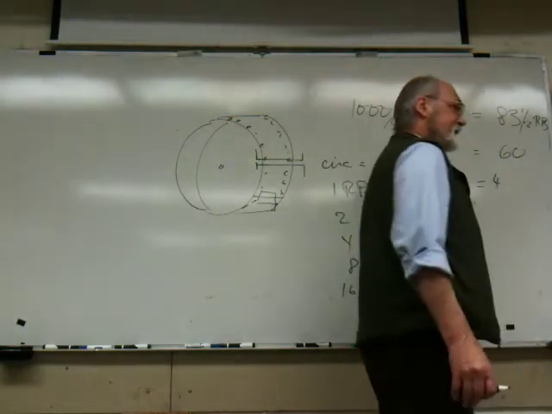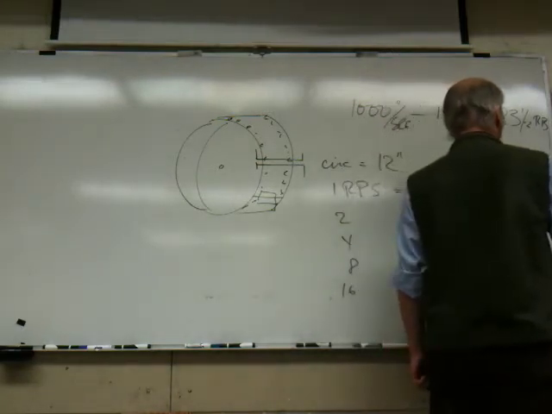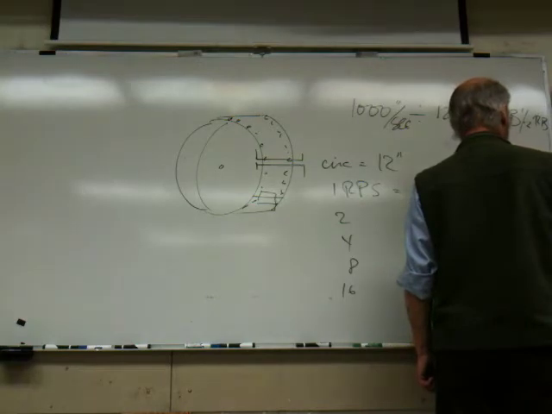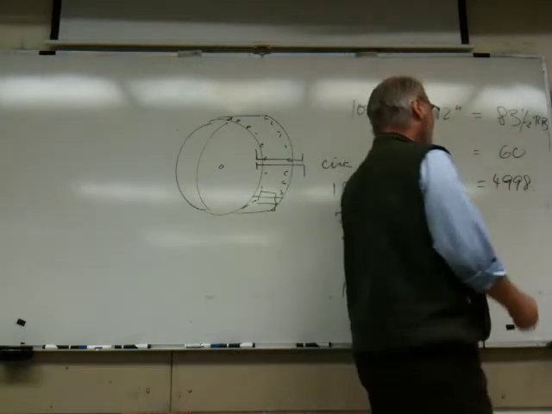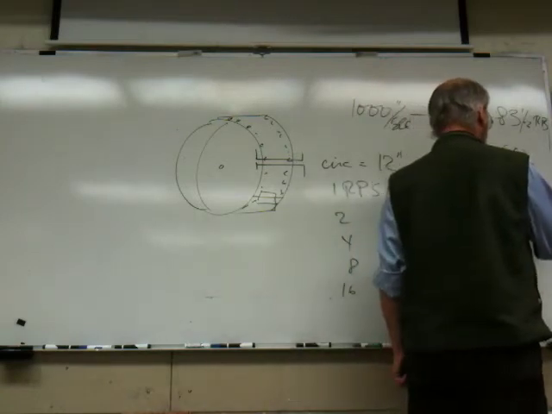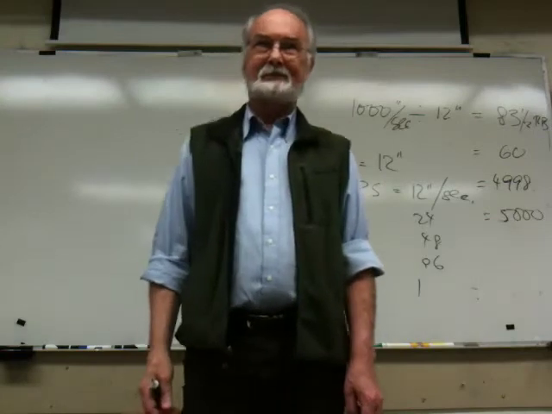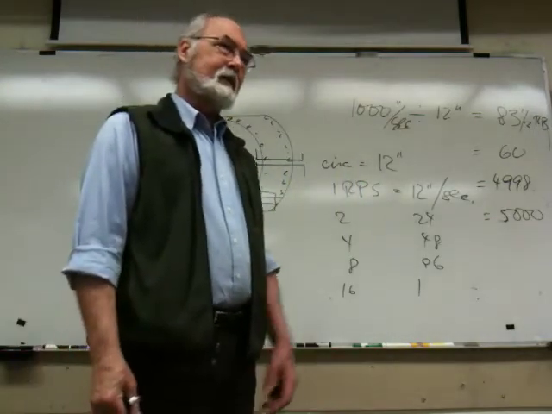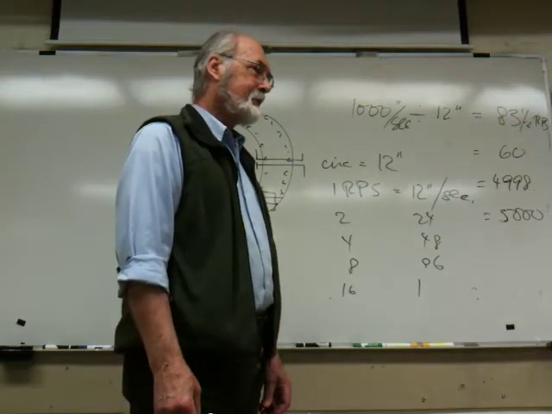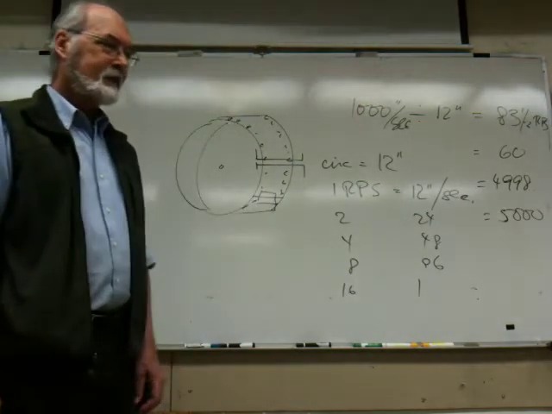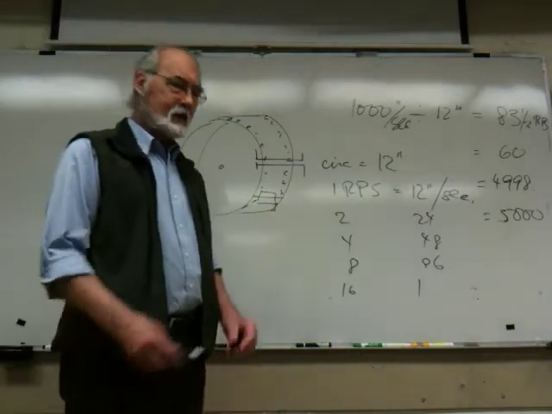Okay, this reminds me of my Australian friend. 4,998 point something, right? How about if I just round this up to 5,000? Would that be okay? 5,000 is a lot easier to work with than 4,998.